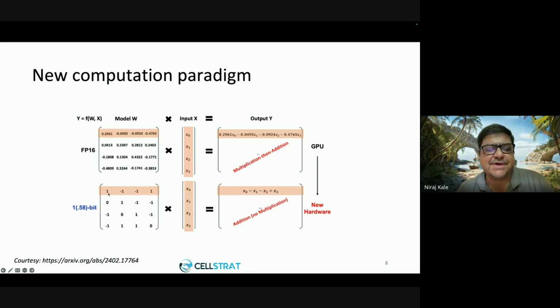Instead, if we have just 1 or 0, it is essentially a signing of the input, so it will just be x0 minus x1 minus x2 plus x3, since the weights are 1, minus 1, minus 1 and 1. So the multiplication operation is completely removed, and that will greatly increase the efficiency of our new model. This is so interesting.